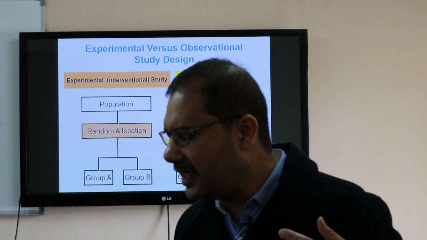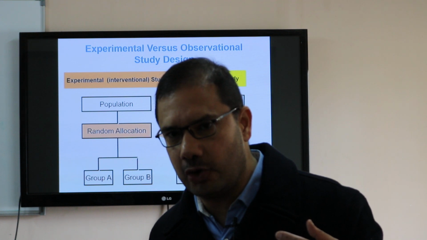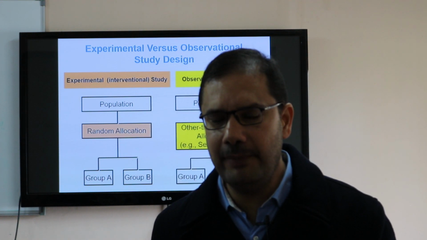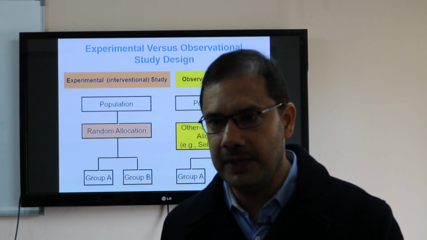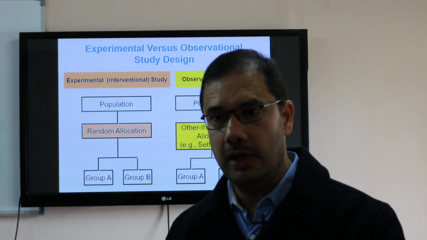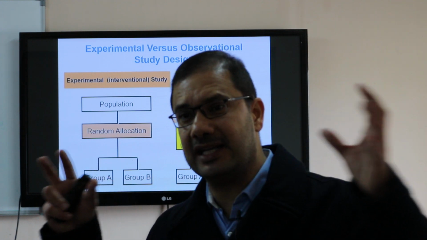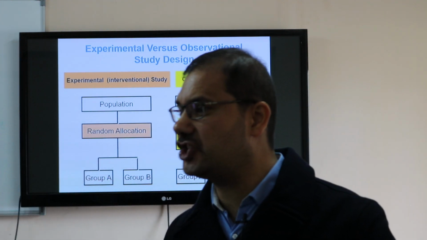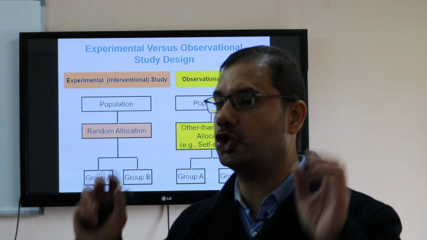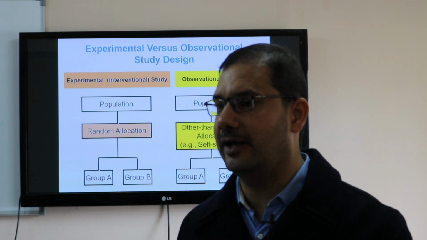Also, we don't have to do matching. What do you mean by matching? We don't have to say, I have to have 5 females in the control group, 5 men in the test group. If I do randomization, I could have some limitations, but at least the demographic characteristics, the age, the gender, randomization should take care of all these limitations.